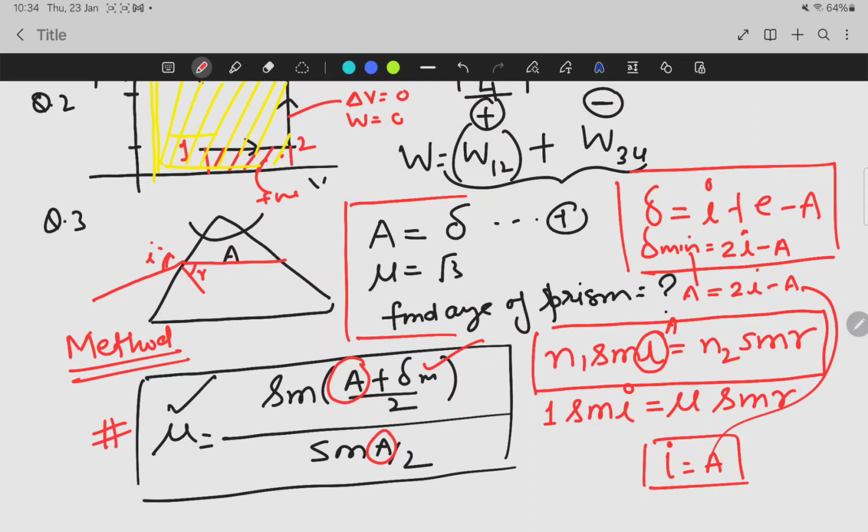And in minimum deviation, R1 is equal to R2 is equal to A by 2. So in place of R we can place A by 2.